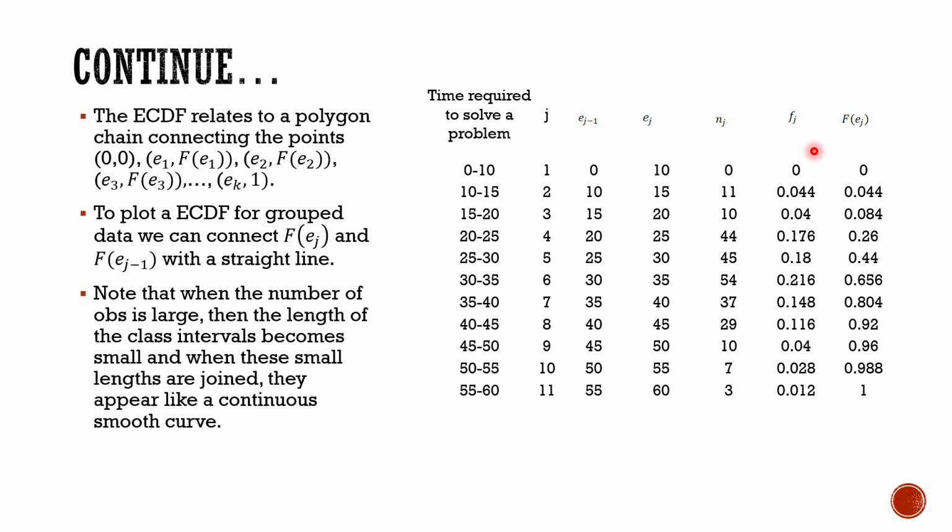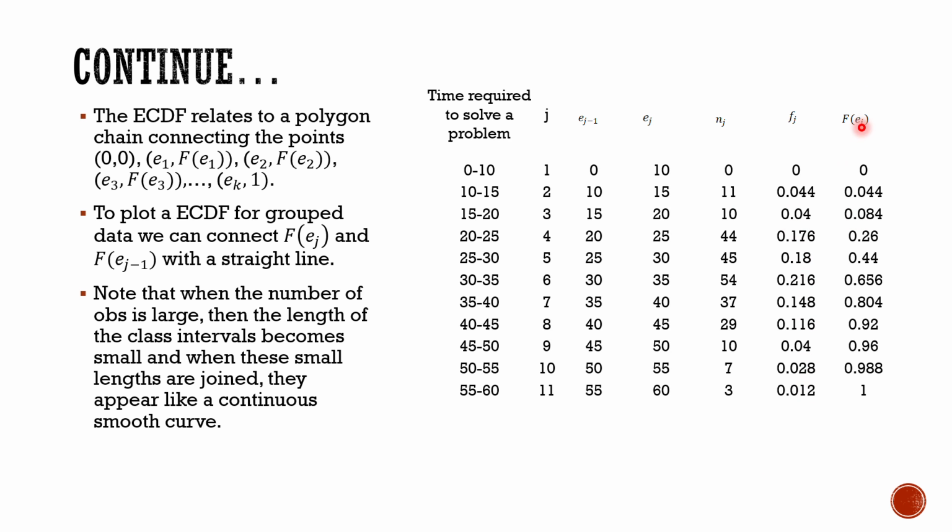Then we have f_j. As I've already told you, you calculate f_j by dividing n_j by n. You can add all the n_j's and you will get n. For f_j, you divide 0 by the total sample, then 11 by the total sample, and you get this, and so on.